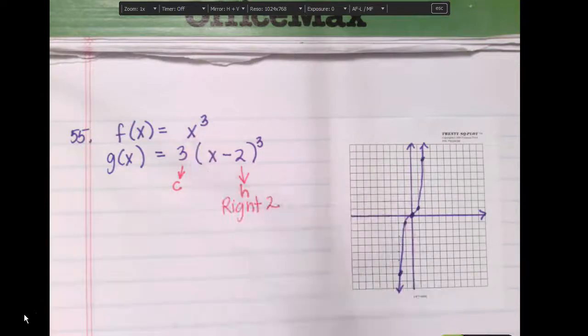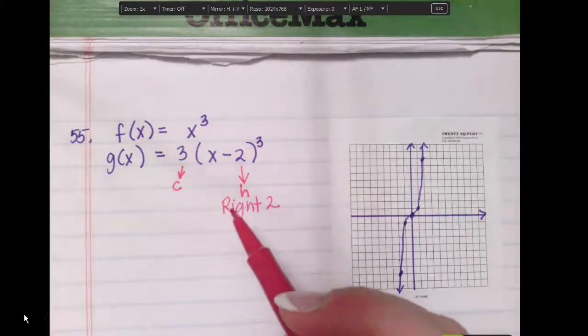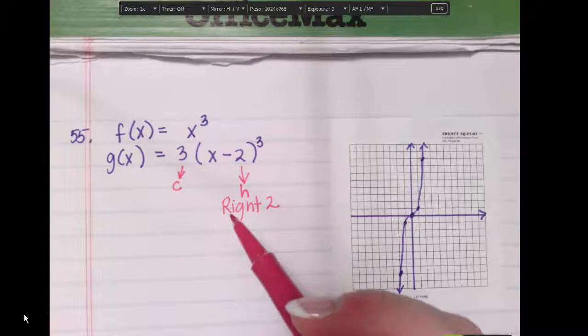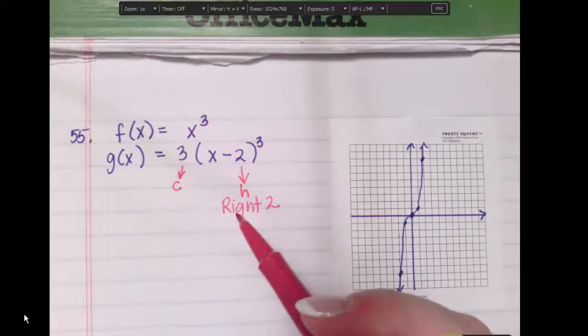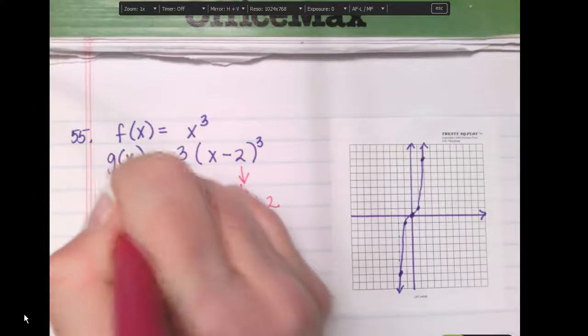And then this c value, again, is one that we're going to have to memorize, but with that c being on the outside of the parentheses, that is going to be a vertical something or another, and so we want to see, is it going to be a stretch or is it going to be a shrink? So when c is greater than 1, it's going to be a vertical stretch.